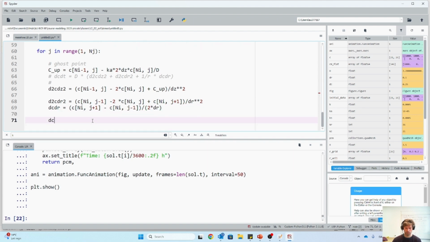And now we can finally put in the values in the time derivative, which is the governing equation. That would be the diffusion coefficient multiplied by all these terms.